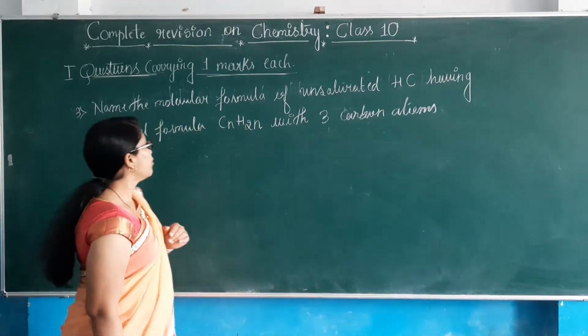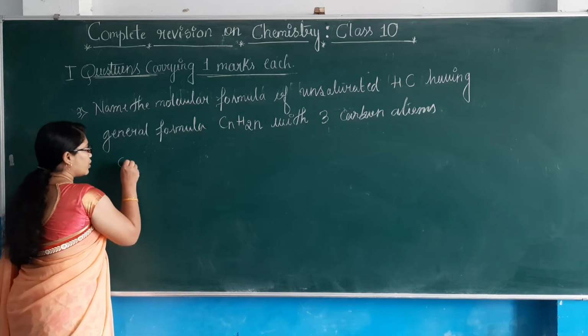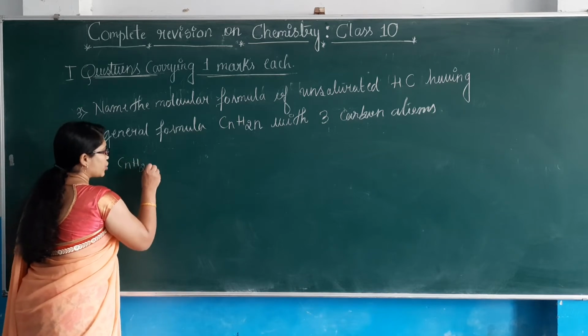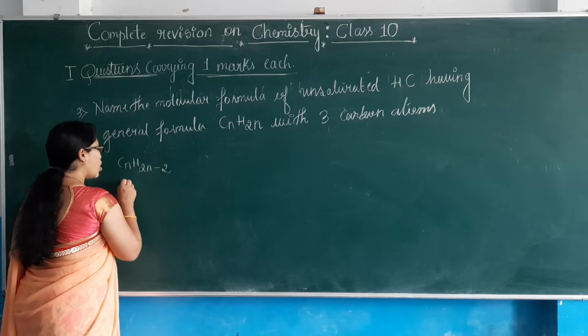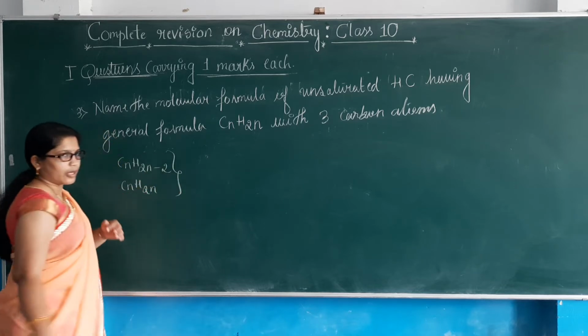Fine. So when you consider the formula for unsaturated hydrocarbon, we know that it is CnH2n minus 2 or it must be CnH2n. One of the two must be there.